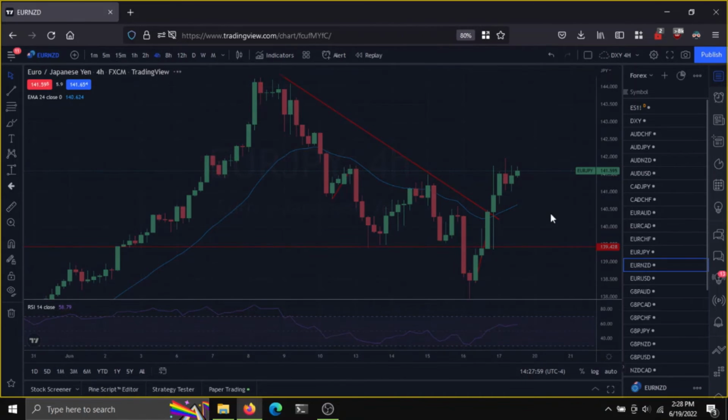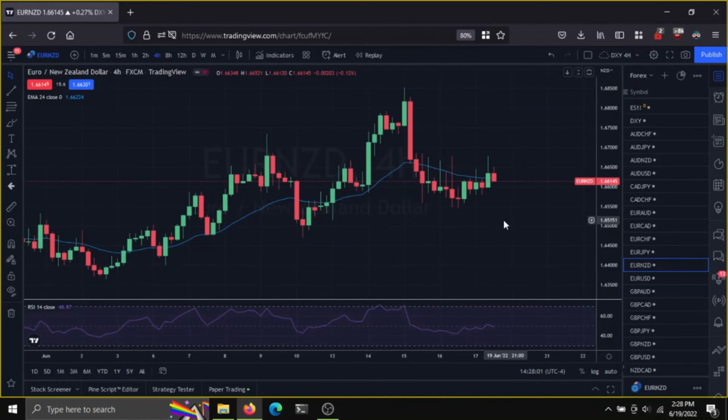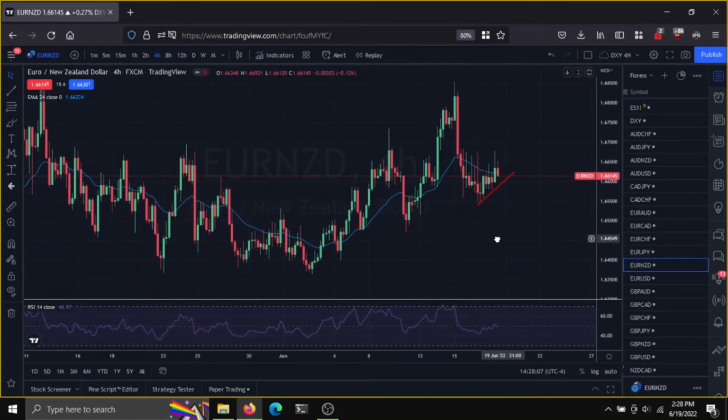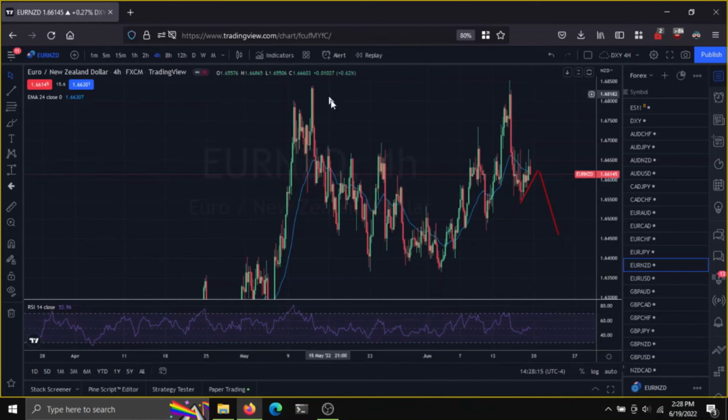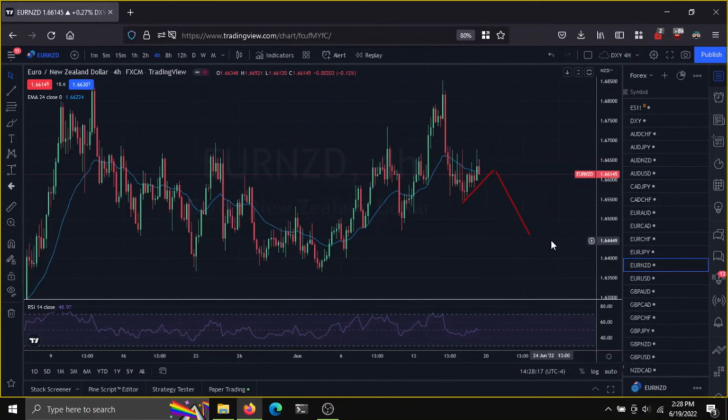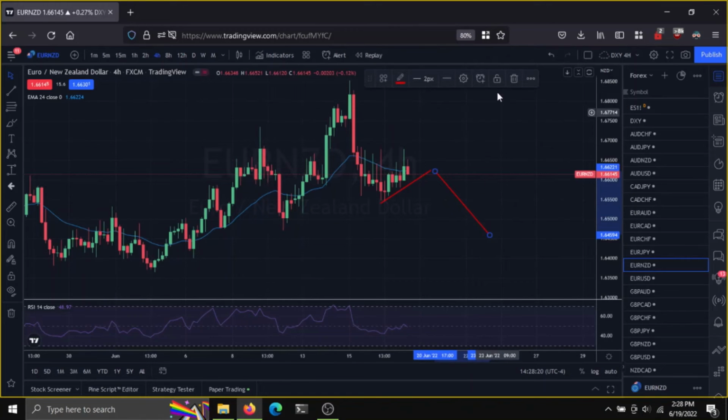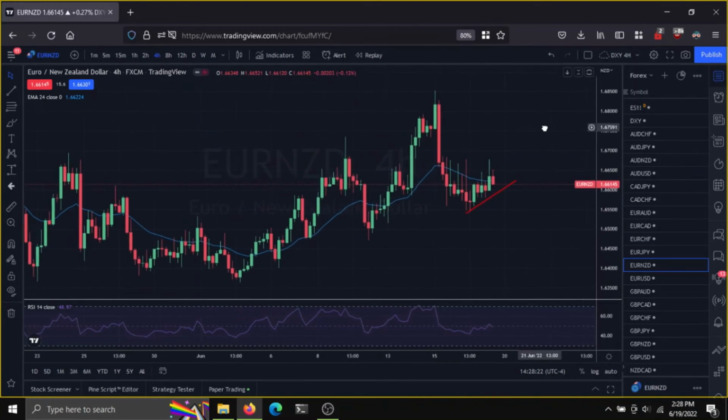Euro New Zealand. Possible flag forming here. If you get that trade, that's going to be a good one. Even if it just comes down like that. Maybe this is a big flat. I'll be watching this pair closely this week.